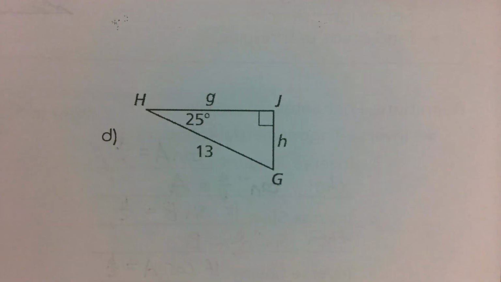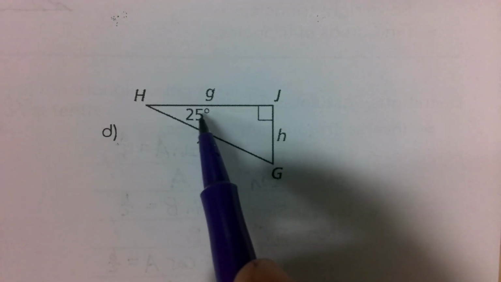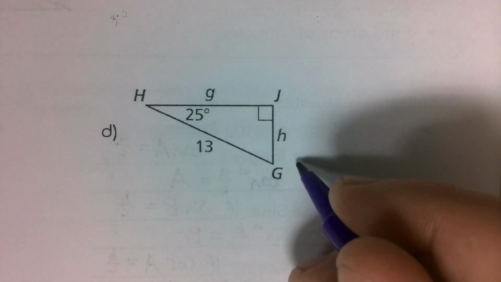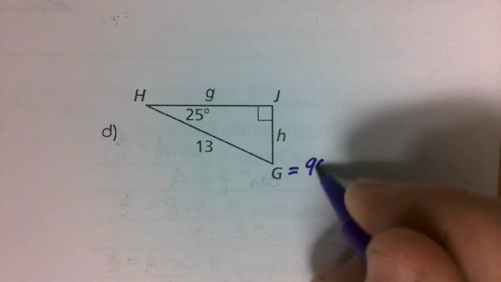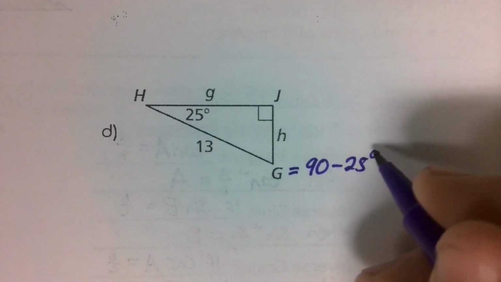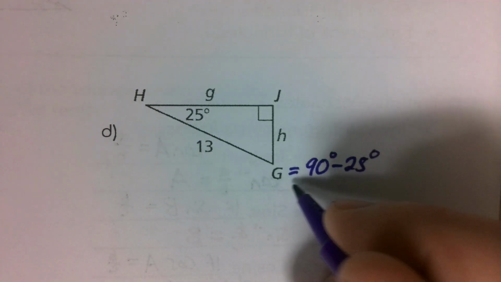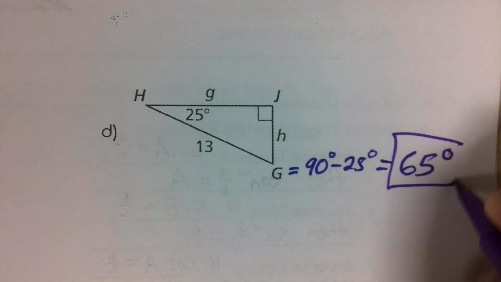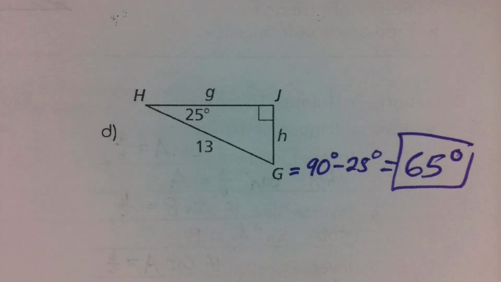Angle G. Well, we know that 25 degrees plus G is supposed to equal 90, so we can say that G is whatever 90 minus 25 is. 90 minus 25 is 65 degrees, so G is a 65 degree angle. We got all of our angles done. We're already halfway there.